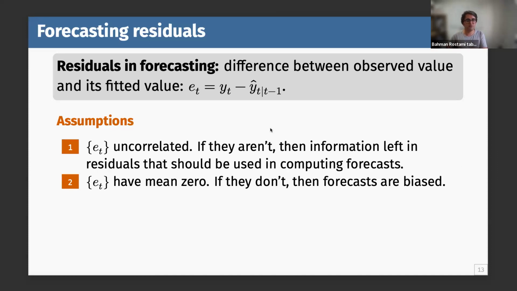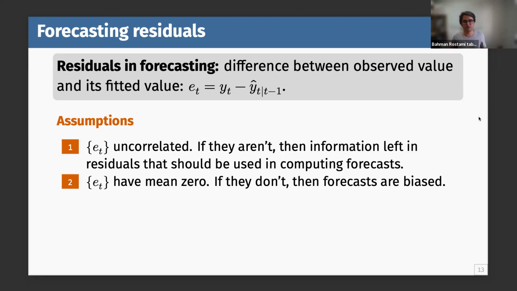So when it comes to residual diagnostics, we are interested in checking some assumptions. First of all, we want our residuals to be uncorrelated. That means if you plot the residuals, they should look random, or what we covered in day 2, white noise. If you look at the residuals and you identify some systematic patterns, it means something is left in the residuals, because residuals are leftovers.